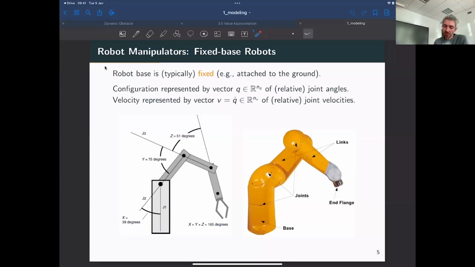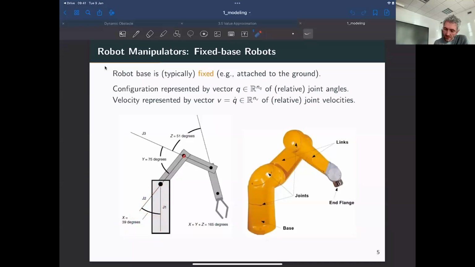And the way we represent the configuration of a robot in space is by measuring the angle at every joint of the robot. So you can see here the first angle of this robot is basically measured by the angle between these two lines.